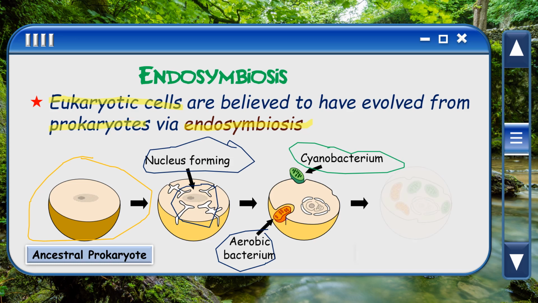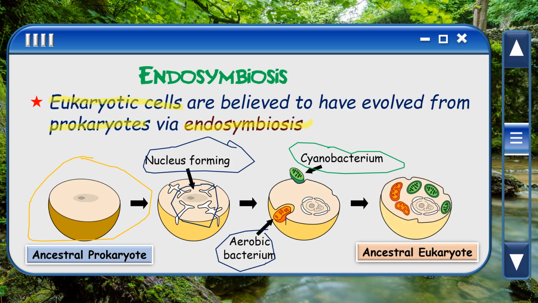Then what happened? They remained inside and were not digested. They started performing functions inside the cell, and the ancestral prokaryotic cell turned into the ancestral eukaryotic cell.